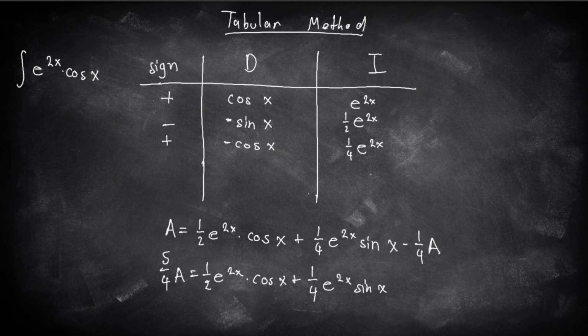And then multiply by 4 over 5 to both sides, so we get A. 4 over 5 times 1/2 is 2 over 5 cosine of x. 4 over 5 times 1 over 4 is going to be 1 over 5 e to 2x sine of x. That means the integral of e to the power 2x times cosine of x, let's add our c, is equal to 2 over 5 e to the power 2x cosine of x plus 1 over 5 e to the power 2x sine of x plus c.